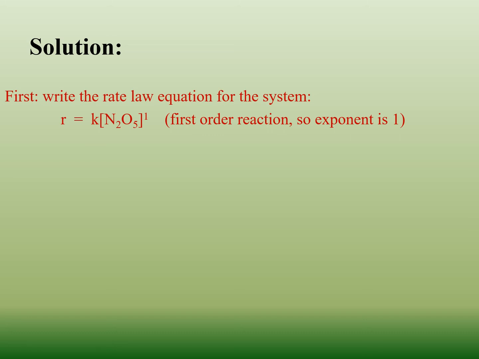Remember, as concentration doubles, so does the rate. The ratio we'll use is 0.8 moles per liter over 0.4 mole per liter, which is equal to our unknown rate for this 0.8 mole per liter concentration over the rate of 2.1 times 10 to the minus 4 moles per liter second for our 0.4 mole per liter concentration.